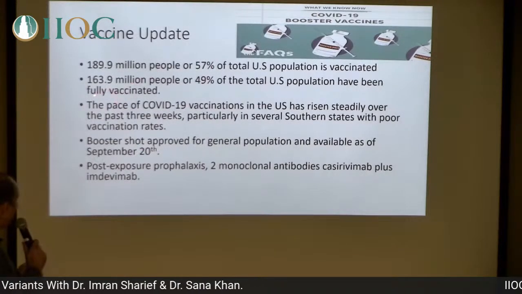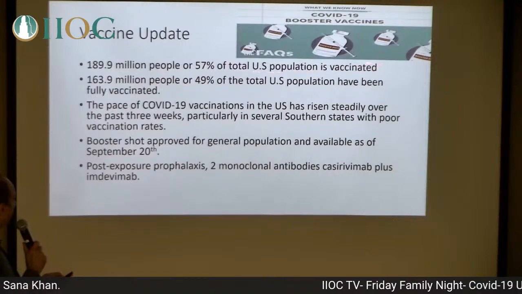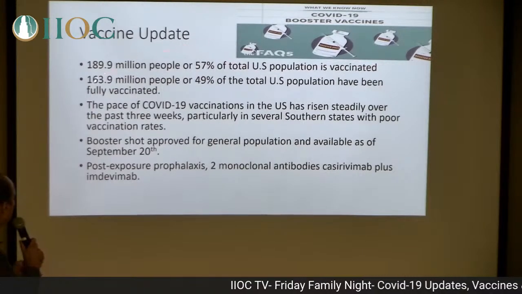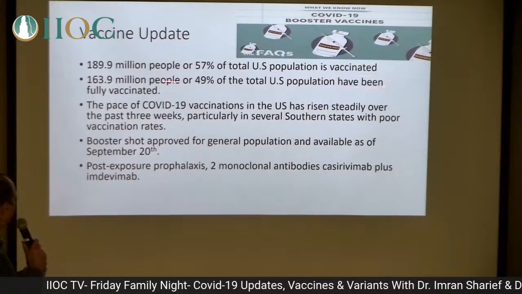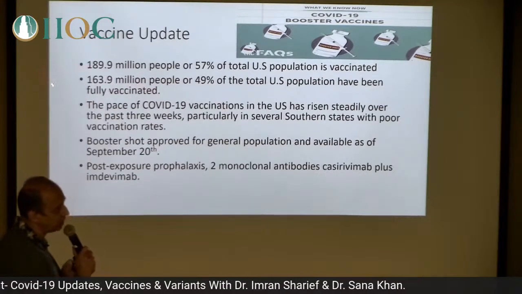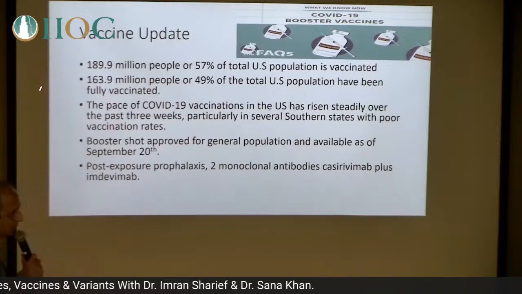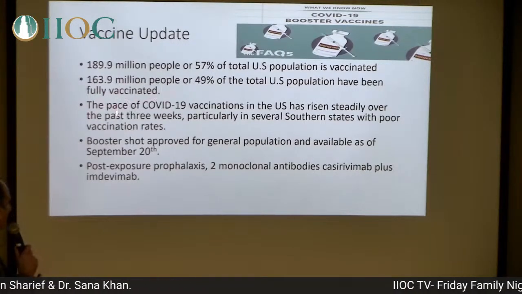So in the US, almost 190 million people have been vaccinated. That's 57%. 163.9 million people, or 49% of the total population, have been fully vaccinated. So close to 200 million of the US population has received either one jab or two jabs.